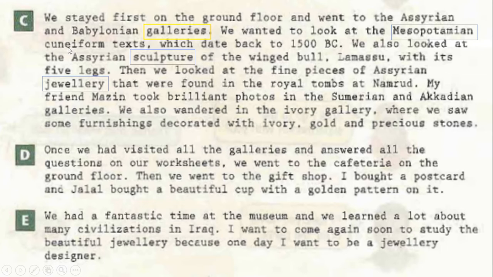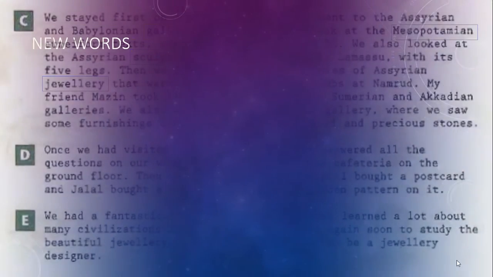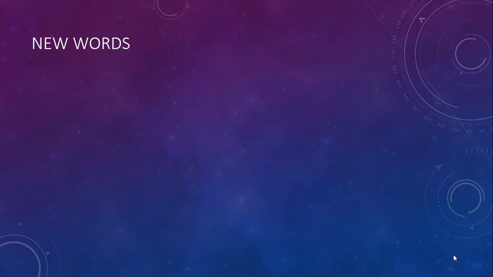Okay? Look at these words. We have galleries, Mesopotamian, sculpture, jewelry. Look here. Now we are going to know what these new words mean. Okay?